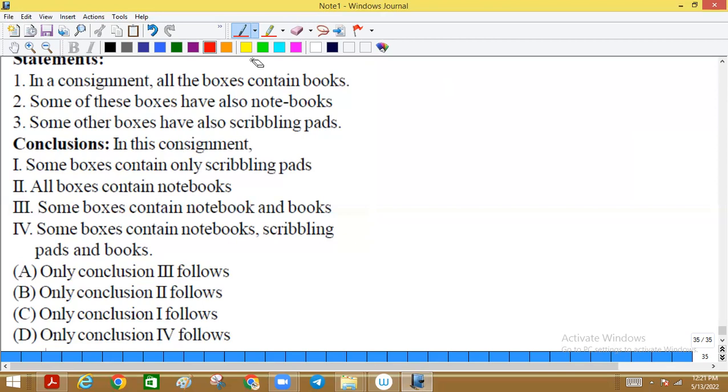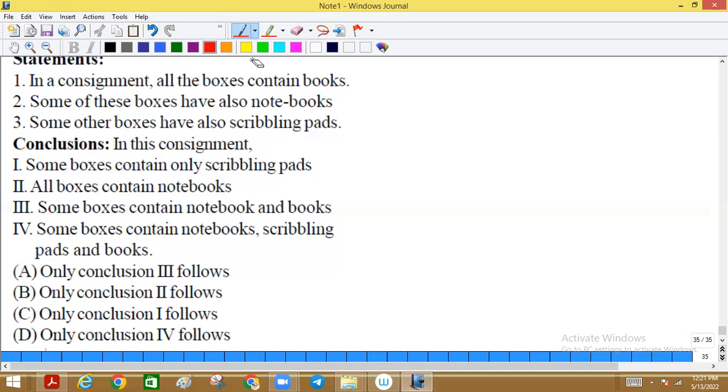Yes. What is the answer? No, because yeah, possibility, but no need to, because all boxes contain books.